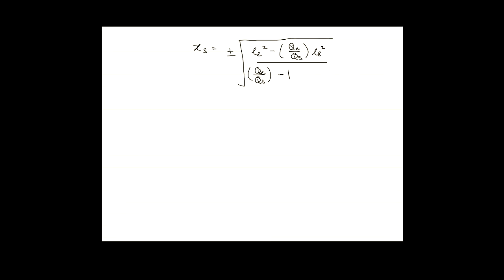Basically I've expressed xs in terms of qe, which is the strength of the exhaust or extraction fan, in terms of the strength of the source, and also the heights of the source and extraction fan.